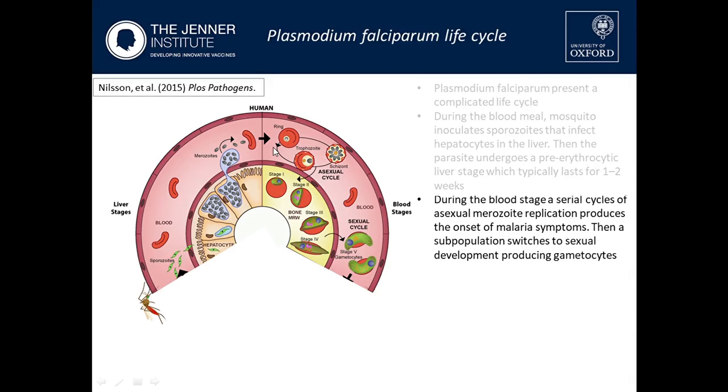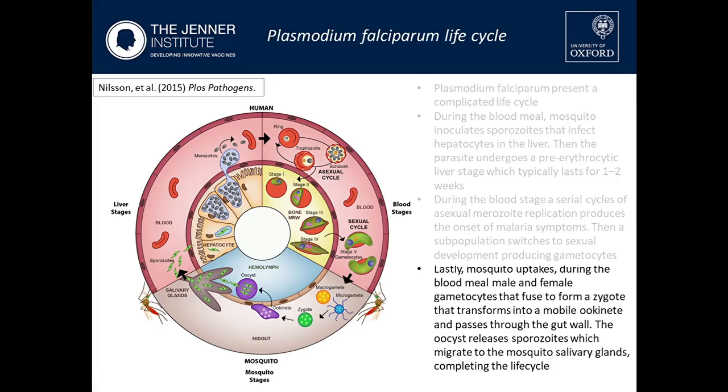During the blood stage, the merozoites infect the red blood cells, and then there is the asexual cycle where they replicate, and a subpopulation of those can switch into sexual development, producing gametocytes. Then the mosquito, again during the blood meal, takes up these gametocytes, and the female and the male can fuse, forming a zygote.